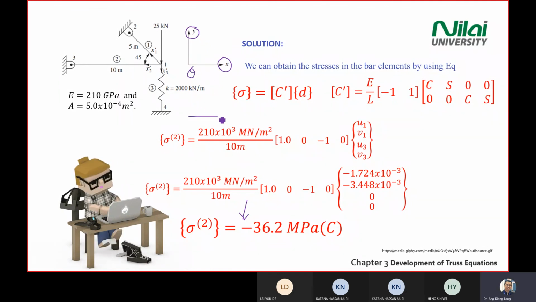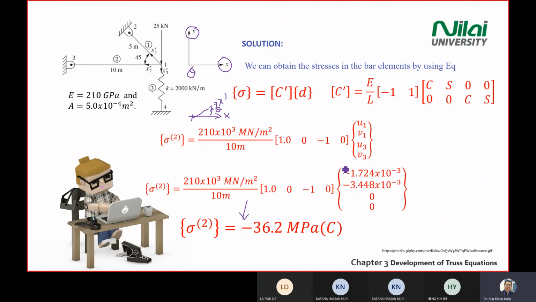Again, angle is from the global axis X to your X prime, and the direction is anti-clockwise positive. These two are the fundamental principles that you need to be careful about when you solve problems. One single mistake on the angle, one single mistake on the axis, it will snowball, and at the end, your answer will be incorrect if you have the wrong understanding.